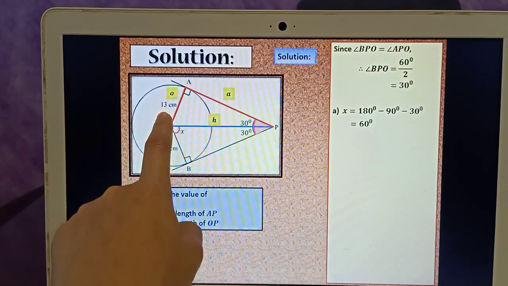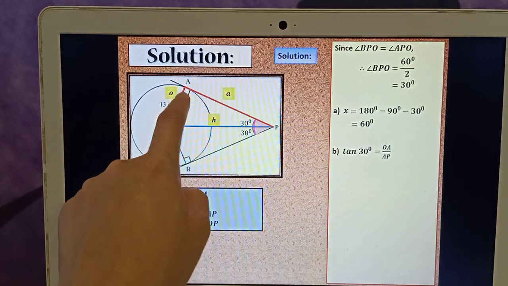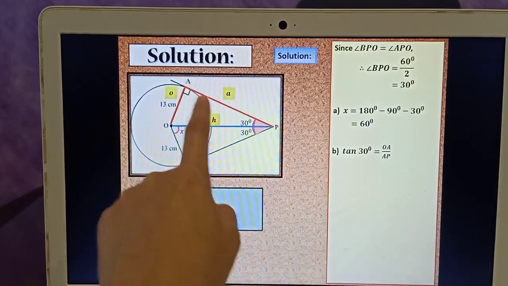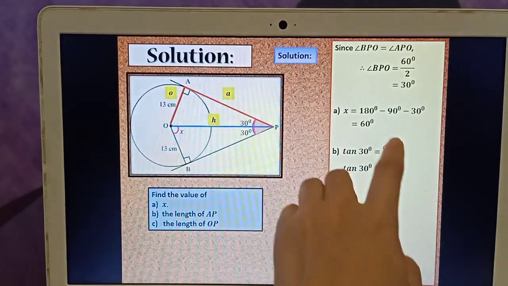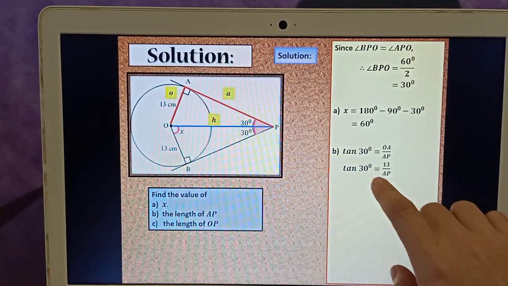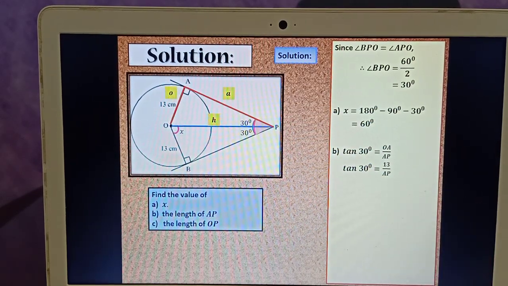See, I got the value for opposite. So very easy. I will use tangent 30 degrees equals OA, which is 13, over AP. AP is what I want to find. So I just replace OA with 13, and then in order to get AP, you switch with tangent 30: AP going up and then tangent 30 degrees going down. So the answer will be 13 square root 3 centimeters. Depending on the question, if it wants you to express in 2 decimal places, then you convert it into decimal.